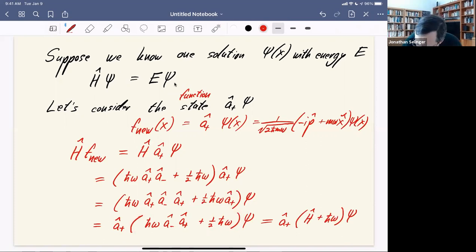So this is A plus acting on the Hamiltonian acting on psi plus h bar omega times psi.